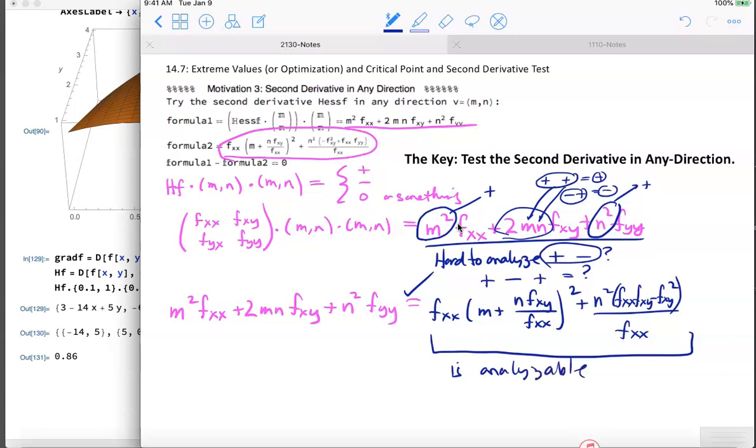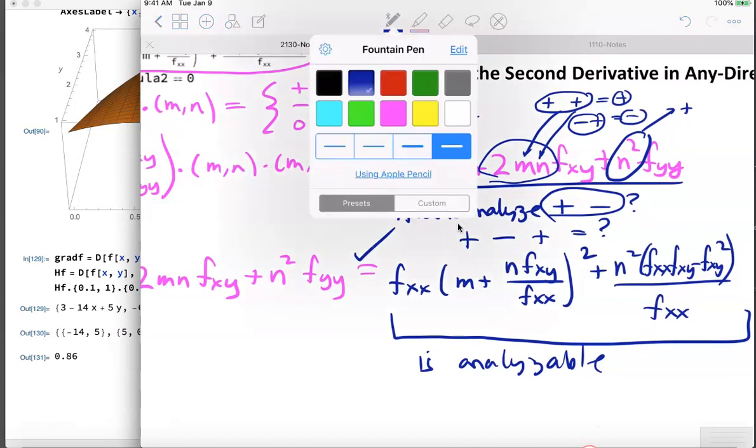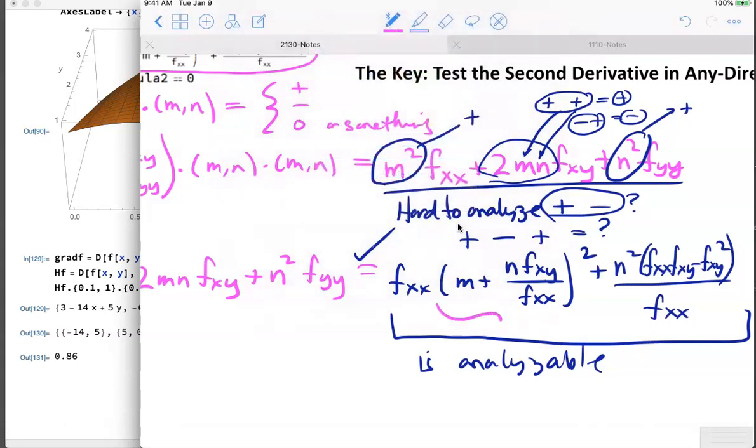And the nice thing is that look how complicated this particular piece is right here. Whatever this is, it is being squared. So that whole result right there is positive. This n squared is a positive value.